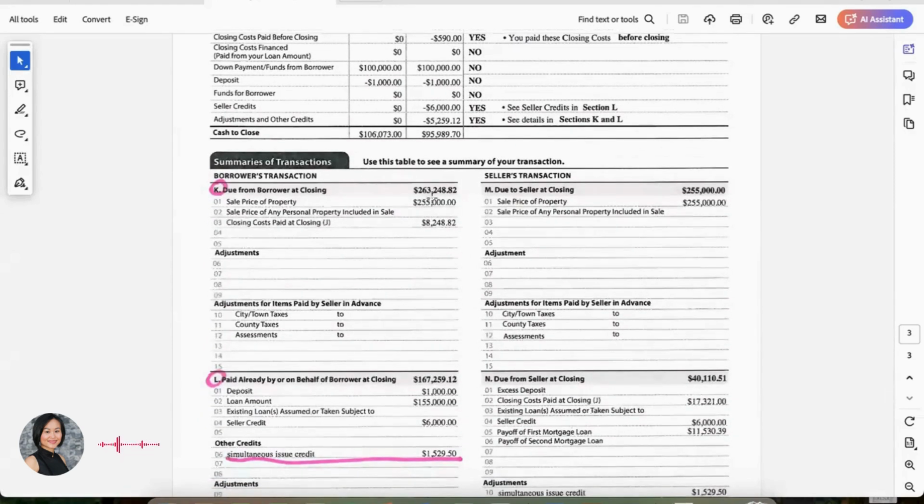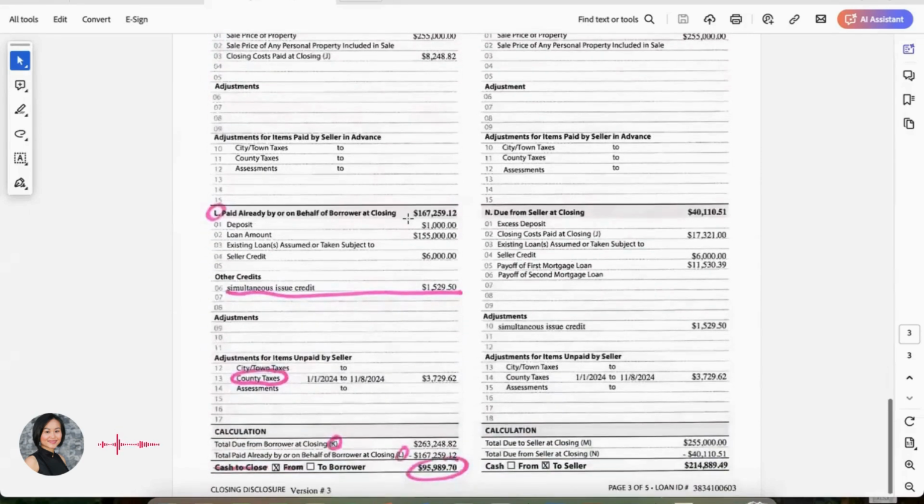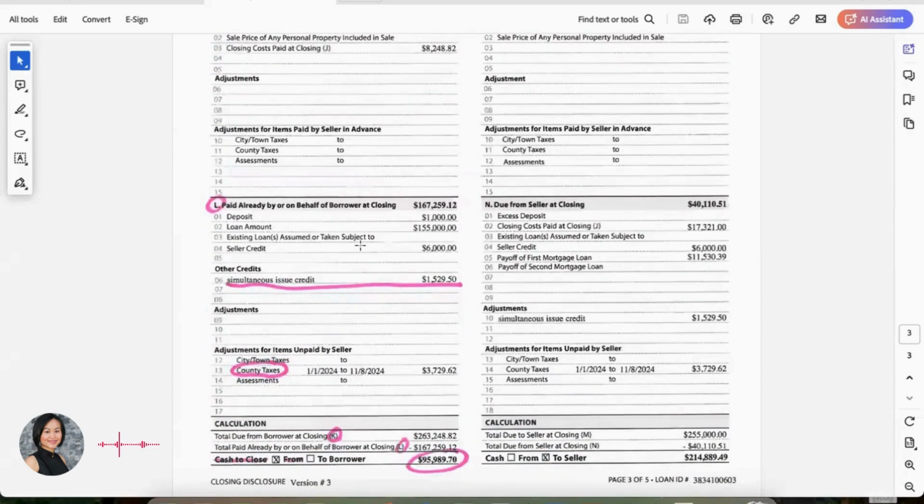So you have a sale price of 255 minus closing costs here. Then remember we talked about the fees that you don't have to pay, but somebody else pays for you. Here we go. So first of all, deposit, you put down $1,000 per contract. The loan amount is $155. On the contract, the seller promised to credit you 6,000, negotiated, whatever the terms between seller and buyer.